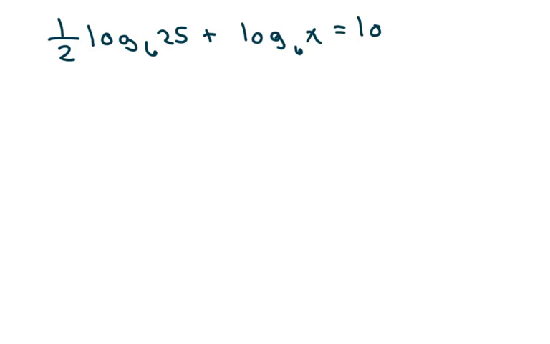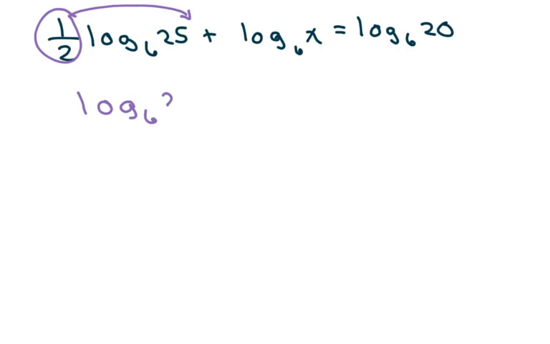Next one we have is 1/2 log base 6 of 25 plus log base 6 of x equals log base 6 of 20. Now, what I'm going to do is condense this like I did last time, using my power property, and then multiply using my product property times x equals log base 6 of 20.